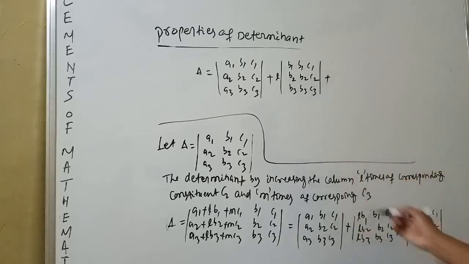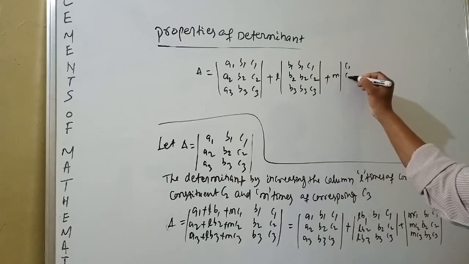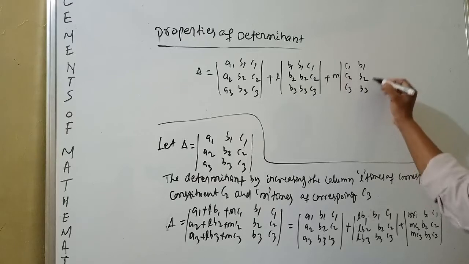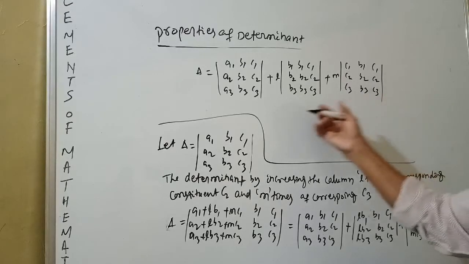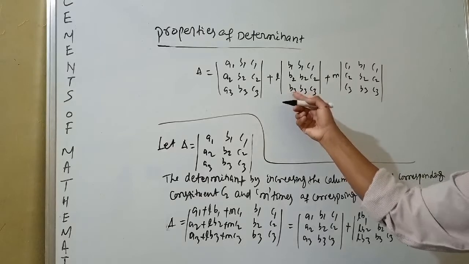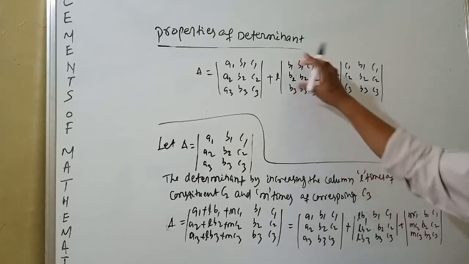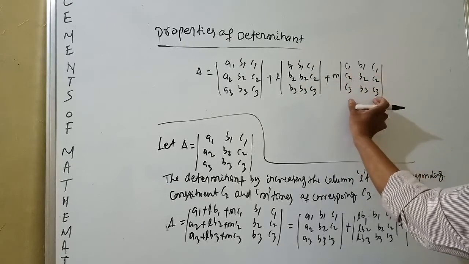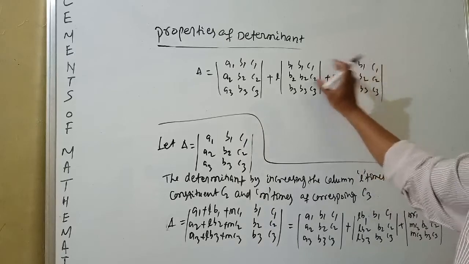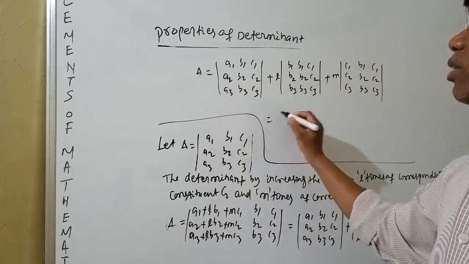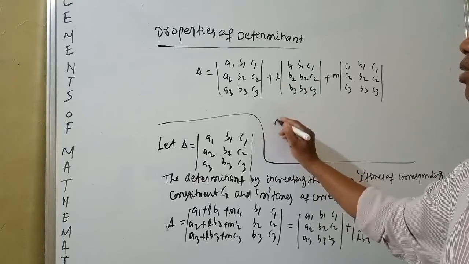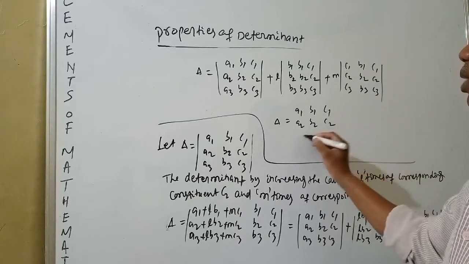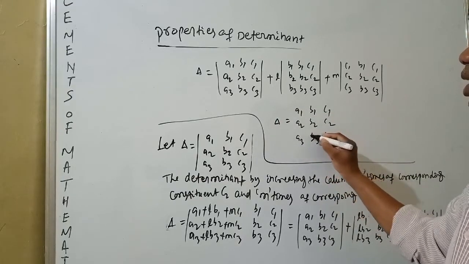Here also, taking common M, you get C1, C2, C3, B1, B2, B3, C1, C2, C3. Here you see these two columns are identical, so this becomes 0. These two are identical, C1, C2, C3, C1, C2, C3, so this also becomes 0. That means this 0 and this 0, delta is equal to A1, B1, C1, A2, B2, C2, A3, B3, C3.